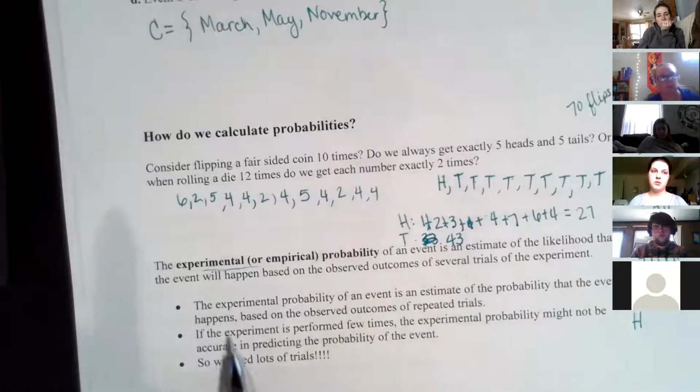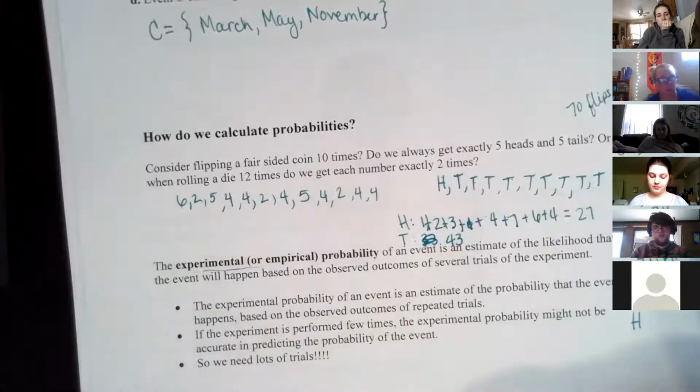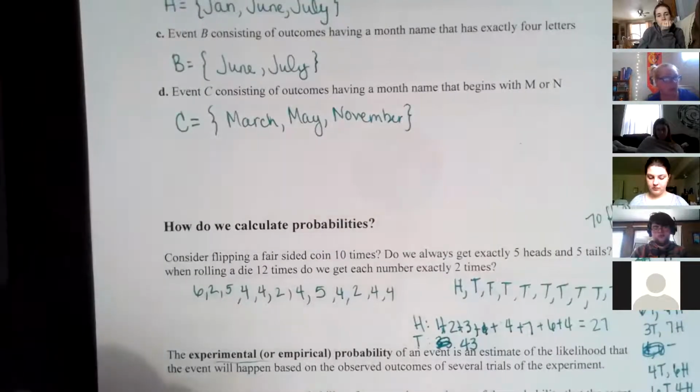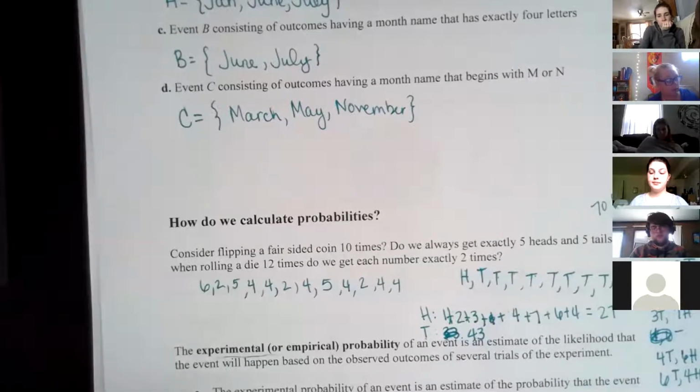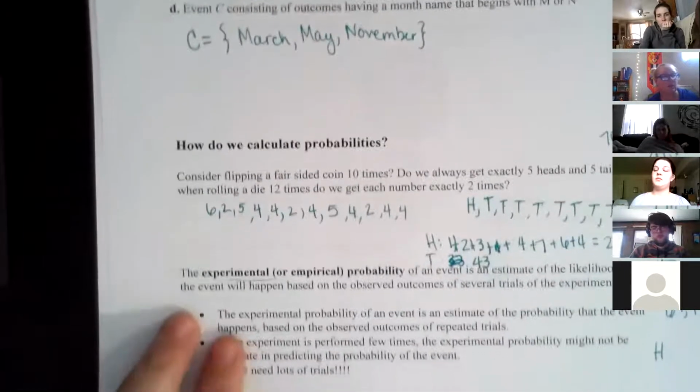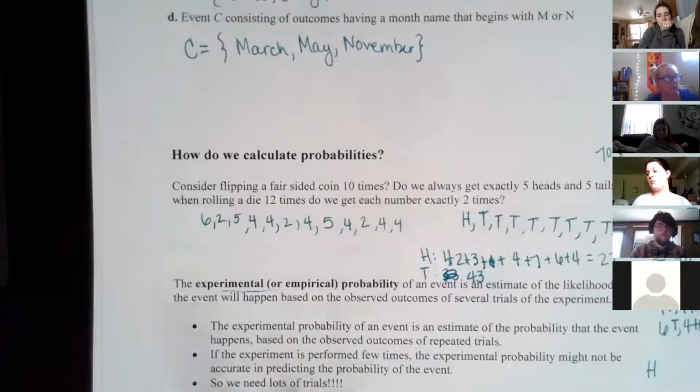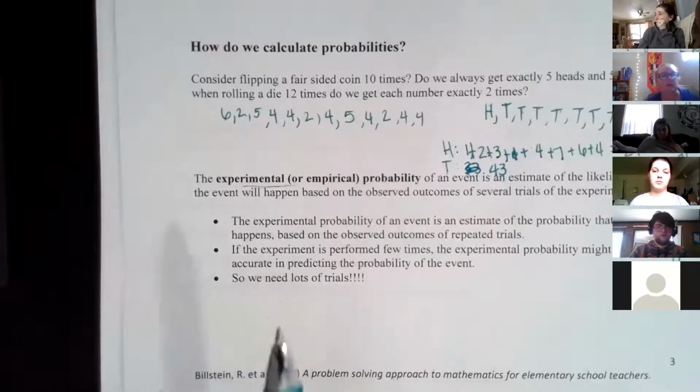But I know my real probability theoretically is going to give me 1/2, right? So that leads us into the idea of knowing that we need lots and lots of trials.